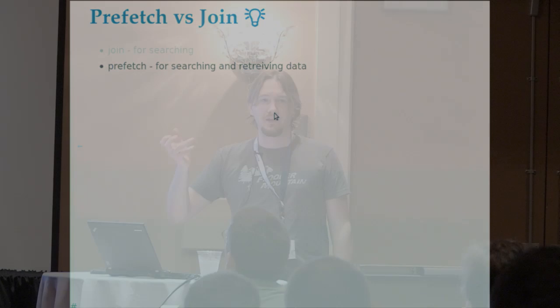They both look the same. Do I have an example? I don't. They both end up looking the same, but there's a lot that can go into prefetch. Prefetch can actually populate objects when you pull it out in an efficient manner, whereas join is just going to add it to the query, but not pull it from the database. So use join when you can.